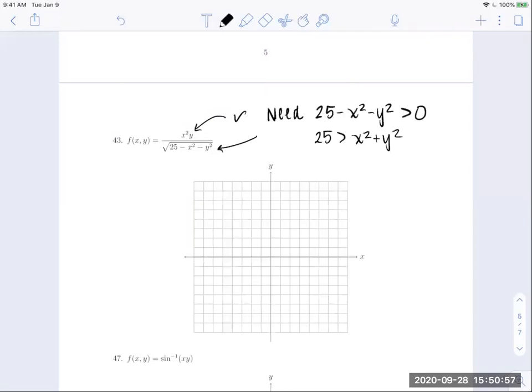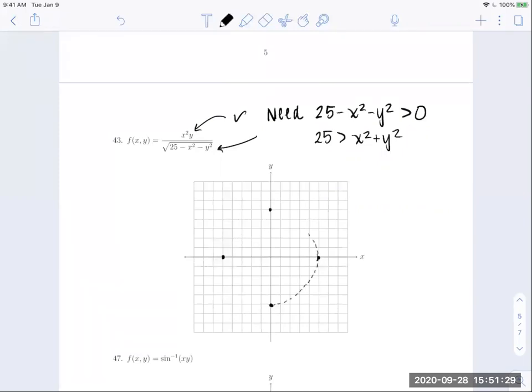Well, I know x squared plus y squared equals 25 to be a circle centered at the origin of radius 5. I want all values where x squared plus y squared is less than 25. So let me plot that circle going out 5 in every direction. I'm going to make it dashed because I don't want to include points where the radius is equal to 5.